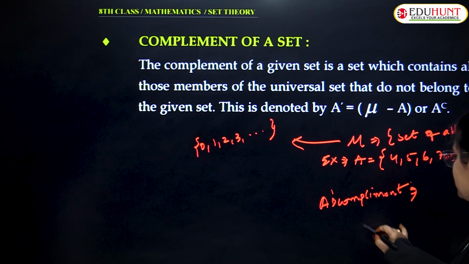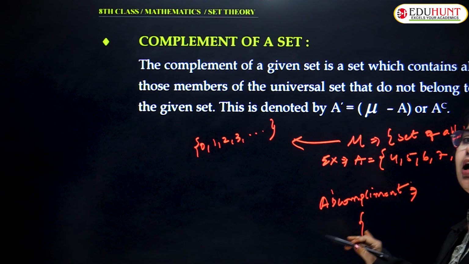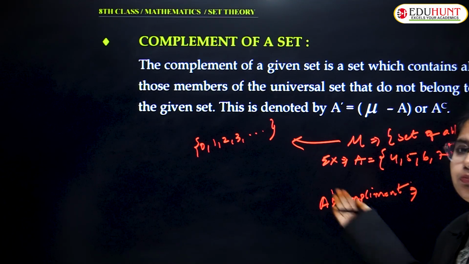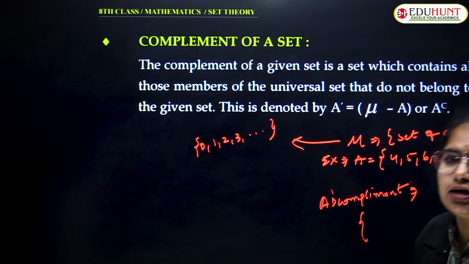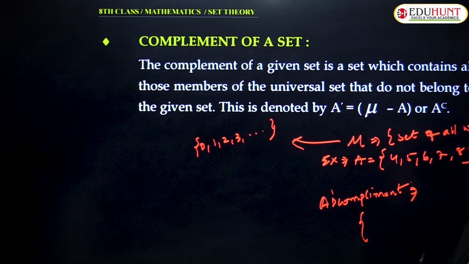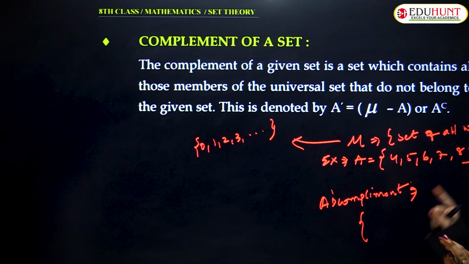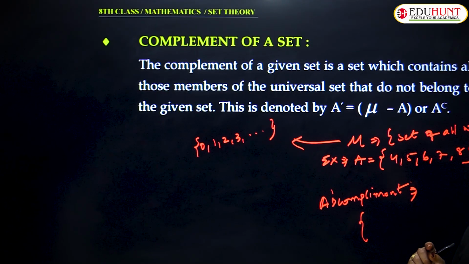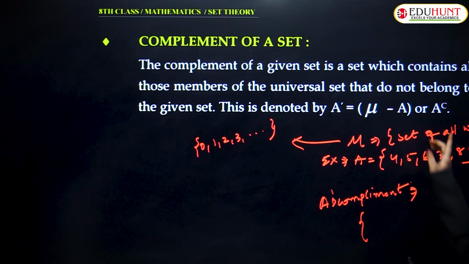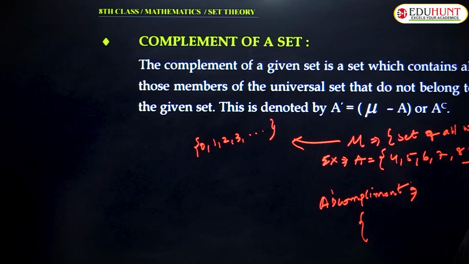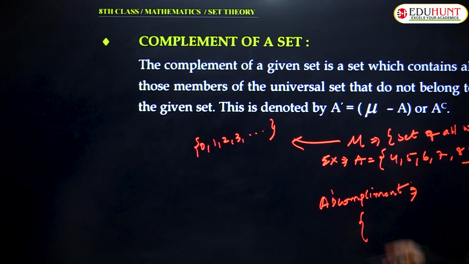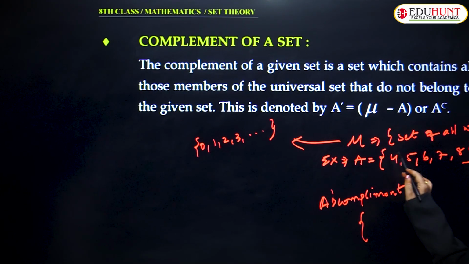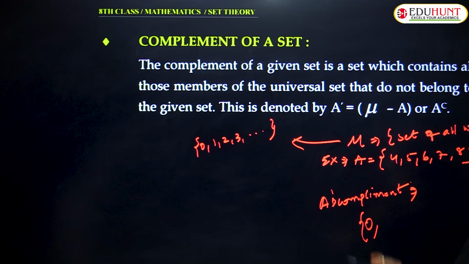The elements which are not there in A will come to one particular set. That set is nothing but complement of set. Did you get my point? So you have to find complement of a set in such a way. It is like subtracting A from the universal set. So what will you get? For example, 0 is not there in A, so it will come to A complement.